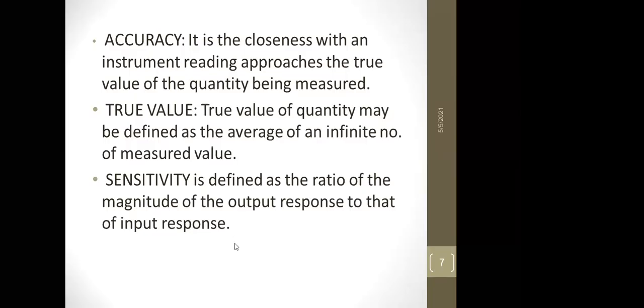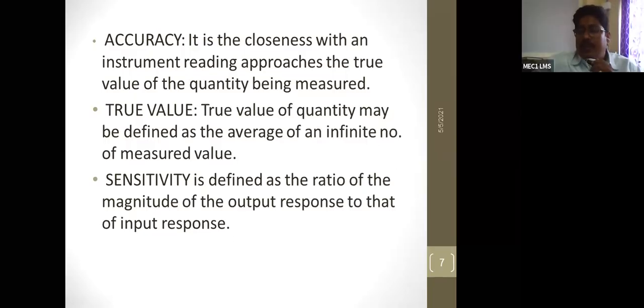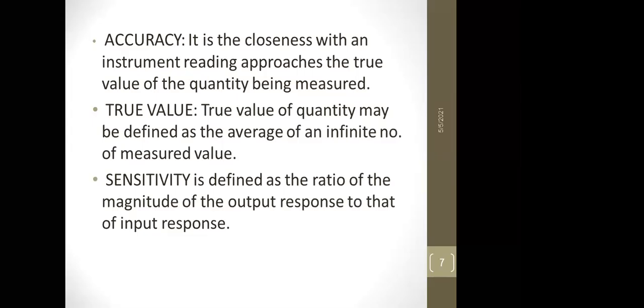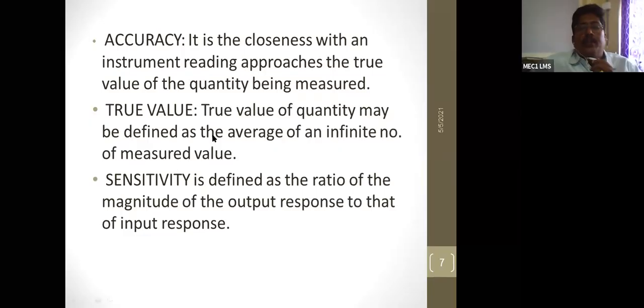So now, the true value. Here the pin is probably not fitted correctly, so that's why. The true value of a quantity may be defined as the average of an infinite number of measured values.